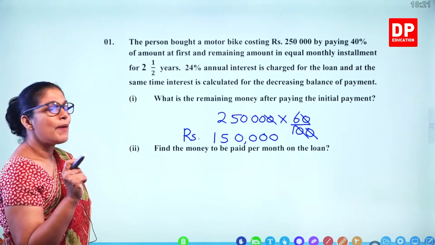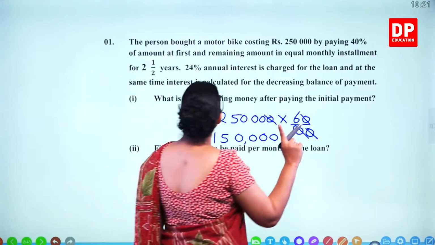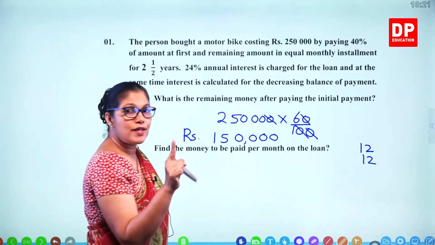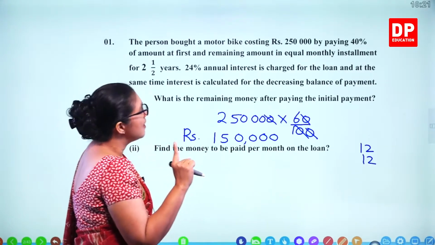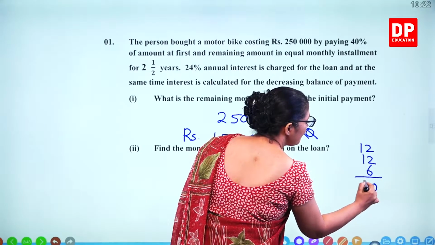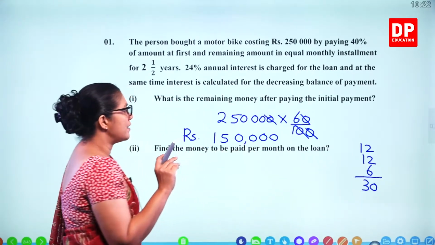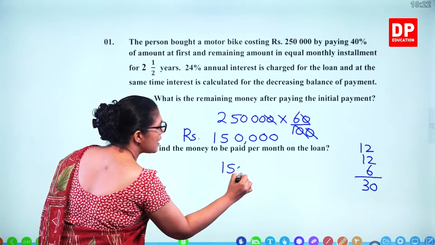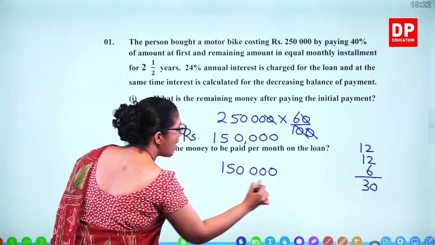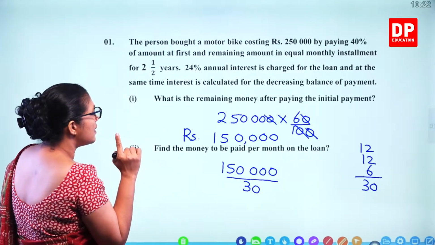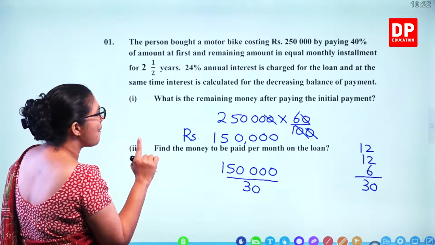Find the money to be paid per month on the loan. 2.5 years, how many months are there? Each year has 12, so 12, 12, and half of the year means 6 months. When you add it, it is 30 months altogether. So you have to pay this amount, 150,000 rupees, over 30 months. That's the money you need to pay per month.